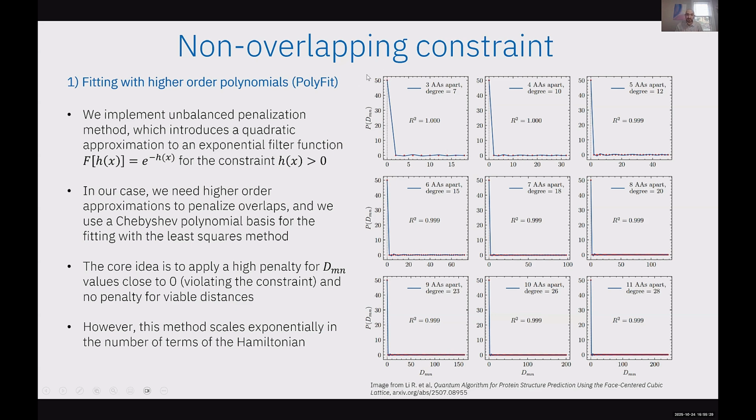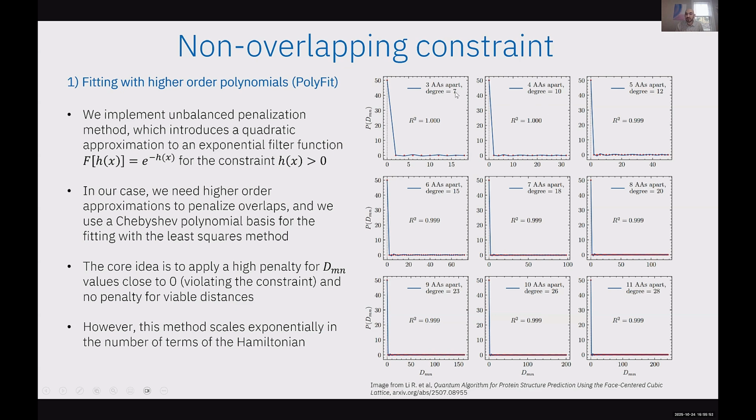It's not going to fit well. And you can always measure this by something called R square, which tells you how well you're fitting. But there's a special type of polynomials called Chebyshev polynomials, which are essentially built from sine and cosine functions. And we decided to use that and using the least square method so we can have a really tight fit.